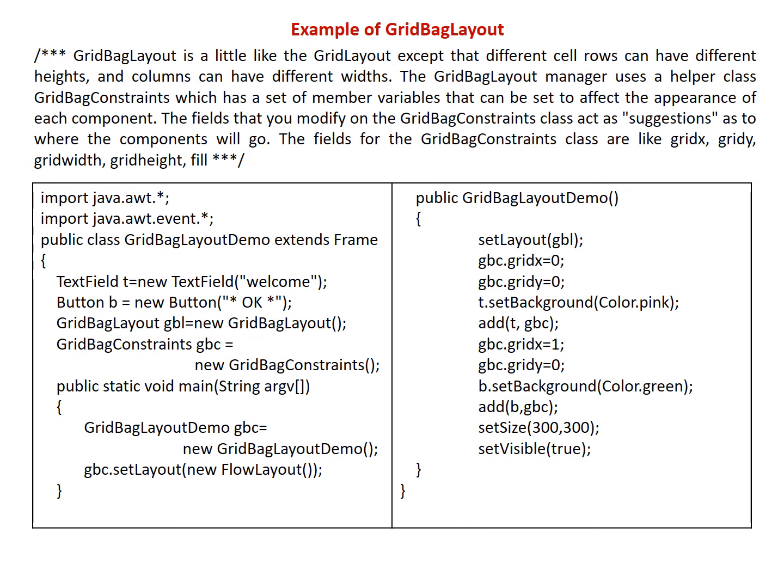The fields that modify the GridBagConstraints class act as suggestions as to where the components will go. The fields for the GridBagConstraints class are gridx, gridy, gridwidth, gridheight and fill.